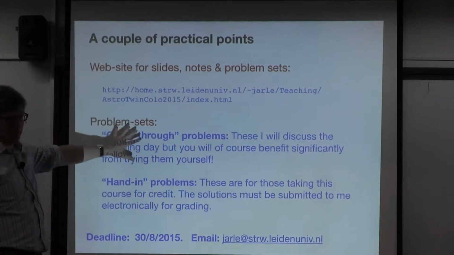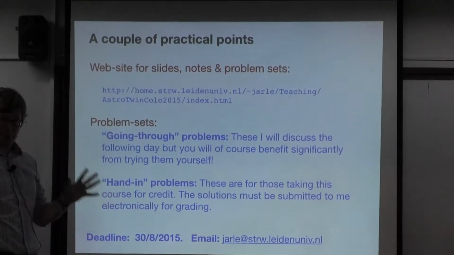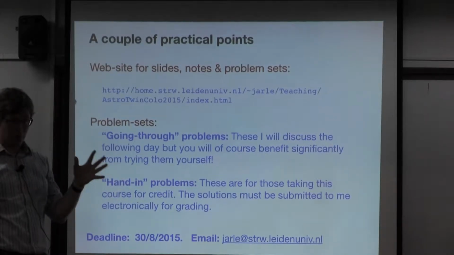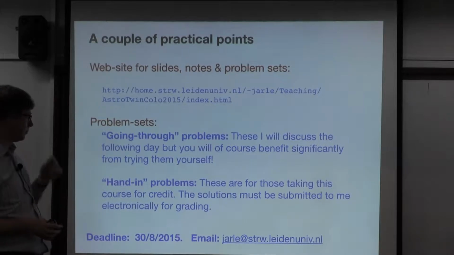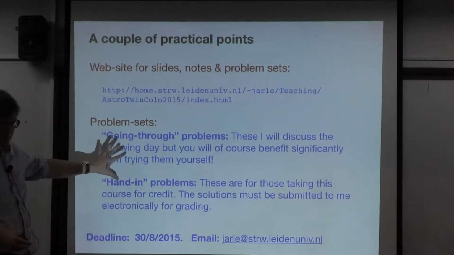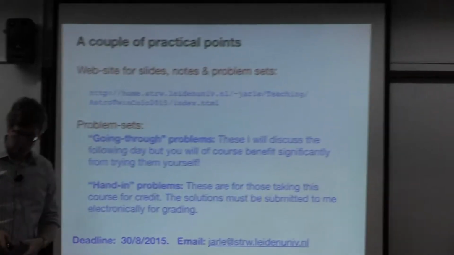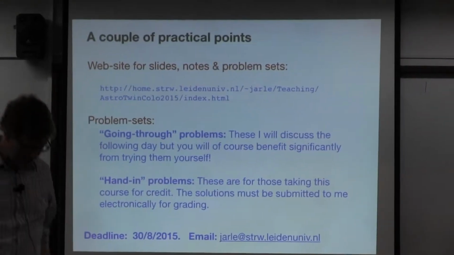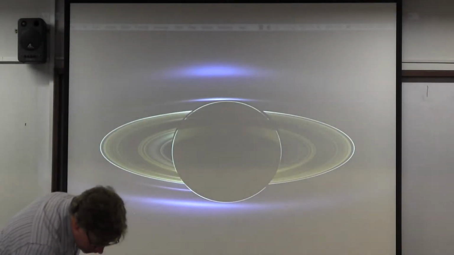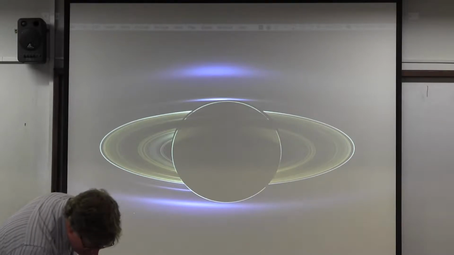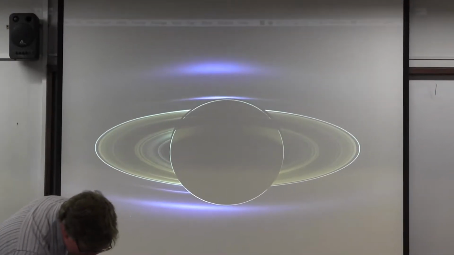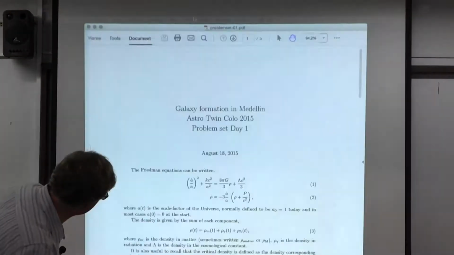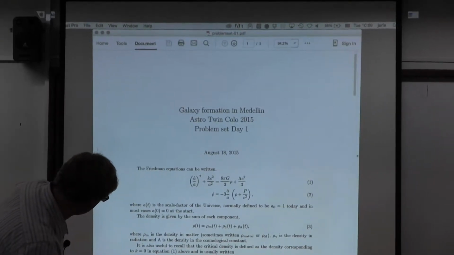Now, the problem sets, there are two things. Some of you take this course as part of your studies, because you want to get credit for your course. And the problem sets are divided into two. I can show you an example, just for a second. The one I put down today. I'll try to remember to open the problem set and not the solutions. Okay, so this is the first problem set.